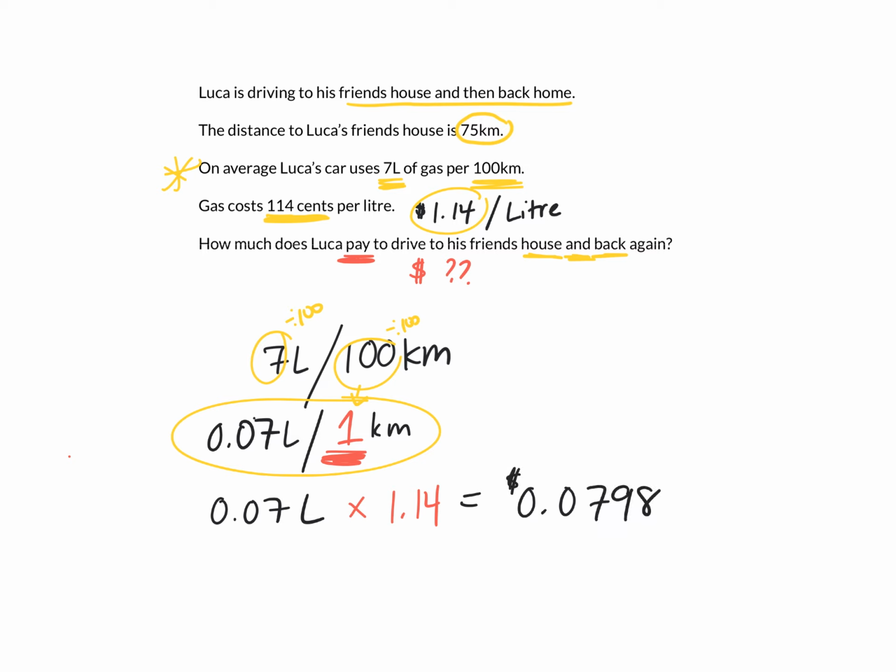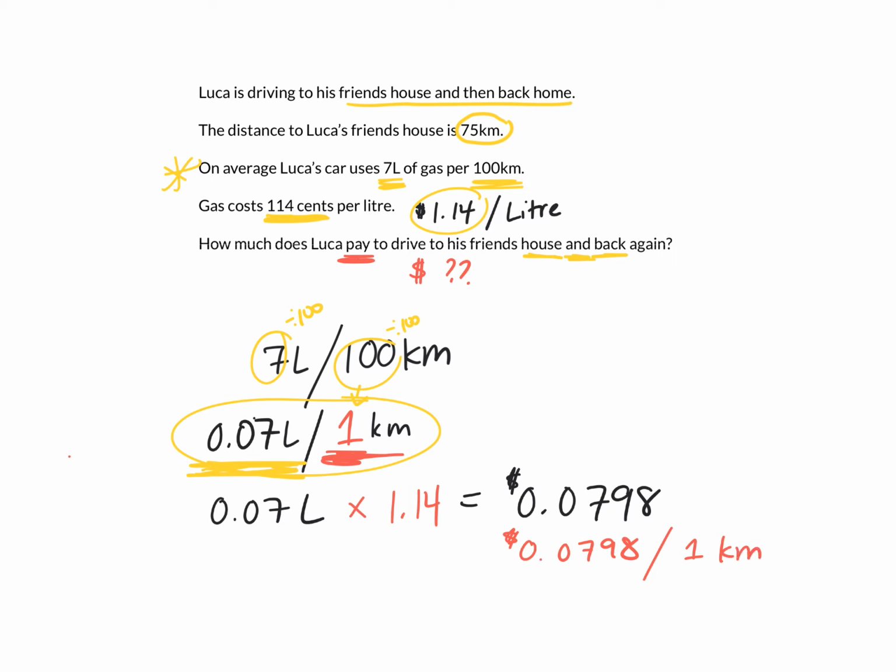That's the cost it takes him to use up 0.07 liters, and that is what he uses to travel the 1 kilometer. So the rate is actually 0.0798 dollars for every 1 kilometer he travels.